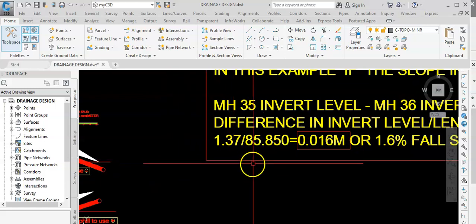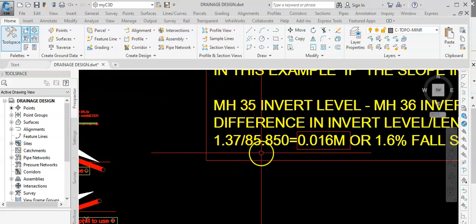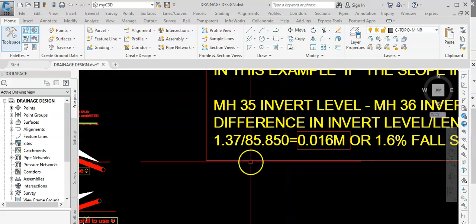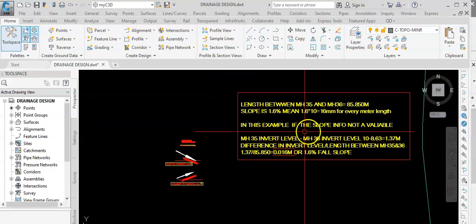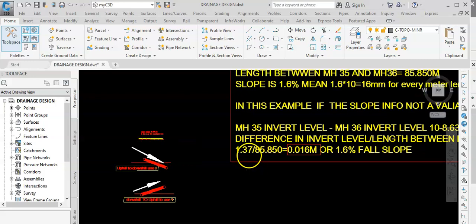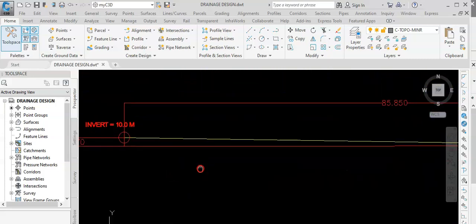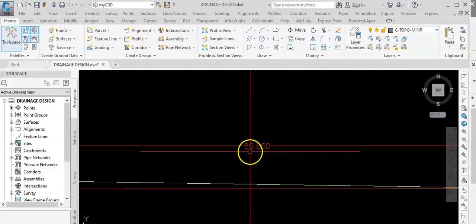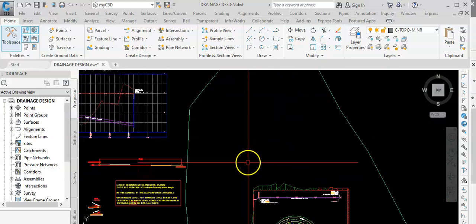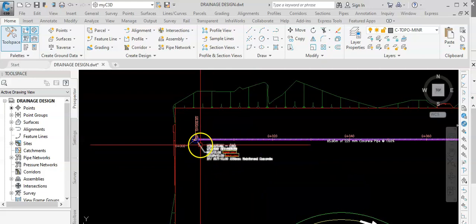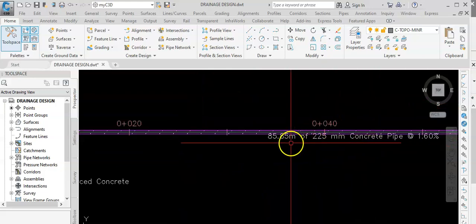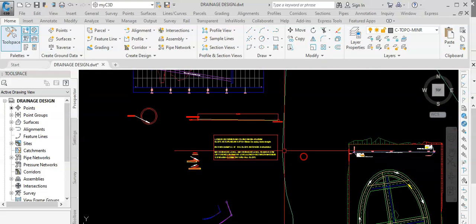So in a distance of 85.850, the whole thing will become 1.370, and this is explained here. This is the length between this manhole and that manhole, 85.850.